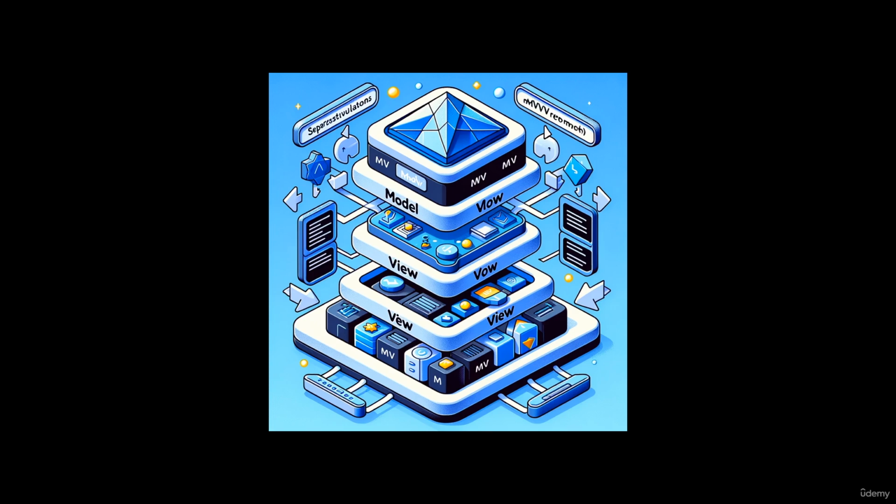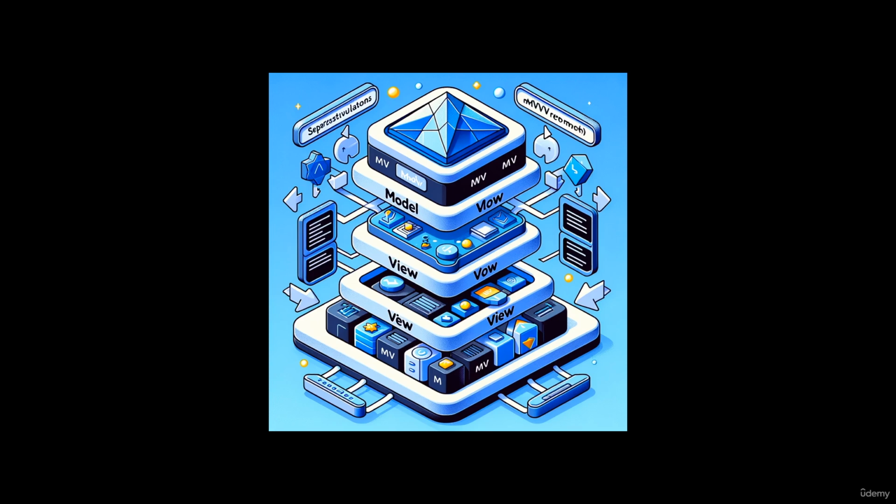And the next point is, in a team environment, MVVM allows for more effective collaboration. Designers can focus on the view, while developers can concentrate on the view model and model. This clear separation can lead to a more streamlined development process. Now, easier state management.